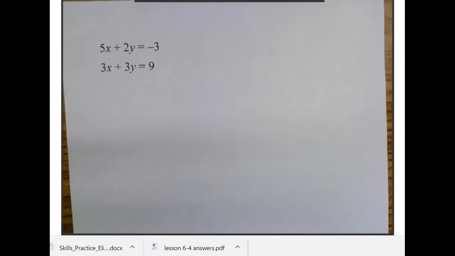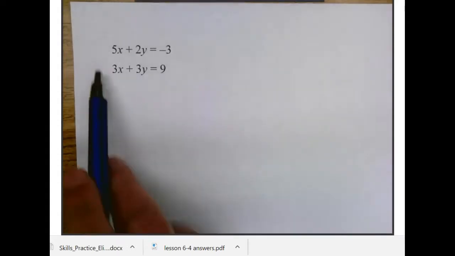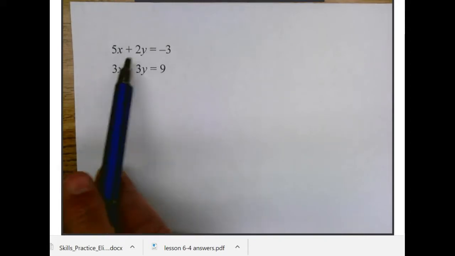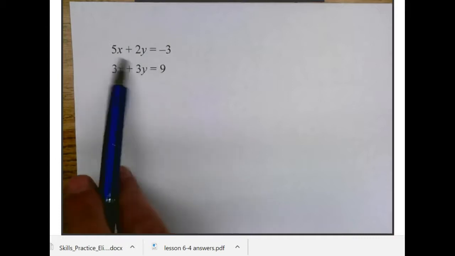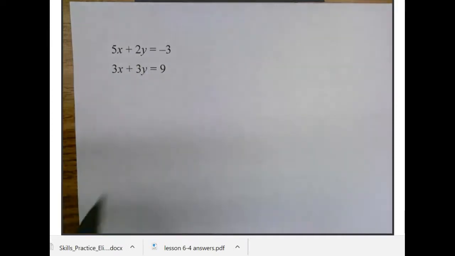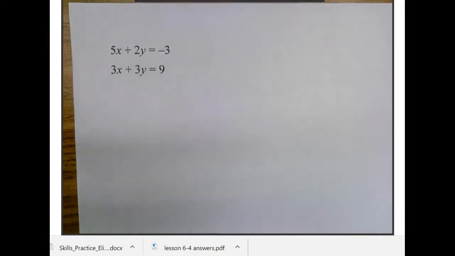Alright, so I want to give you an example of this multiplication elimination for systems of equations. Normally when we see these, we look at them and ask, is there anything equal, like x or y equals? We see that there's nothing really easy. We couldn't easily just switch something to one side or the other and get x or y by itself. Nothing is the same, no x's are the same, no y's are the same, so we can't use addition or subtraction.